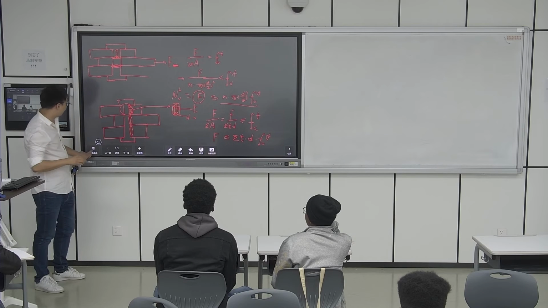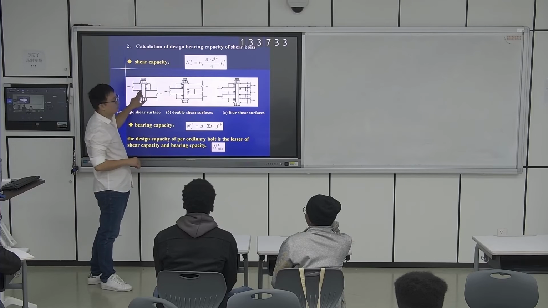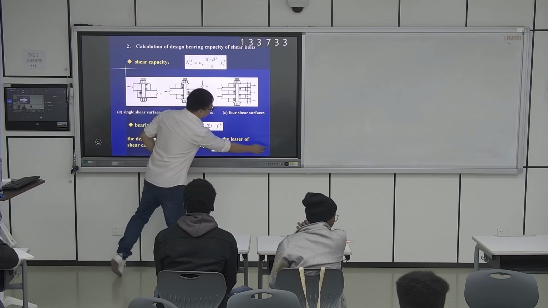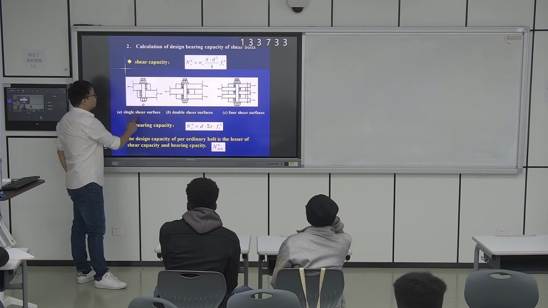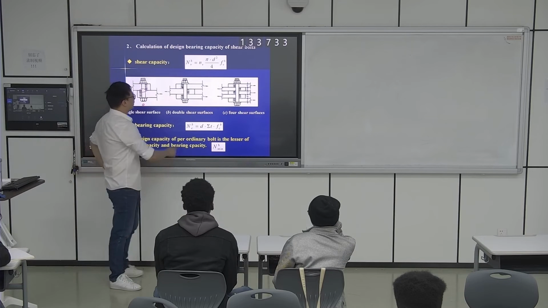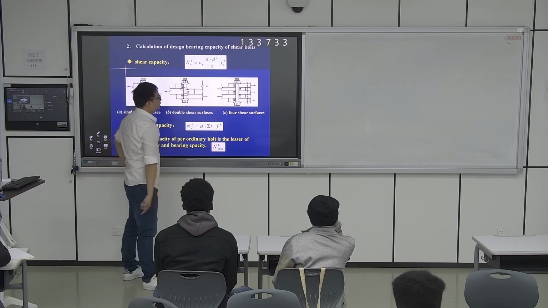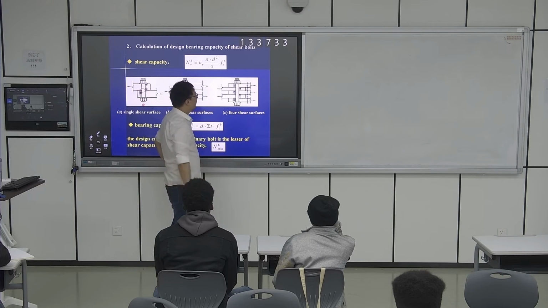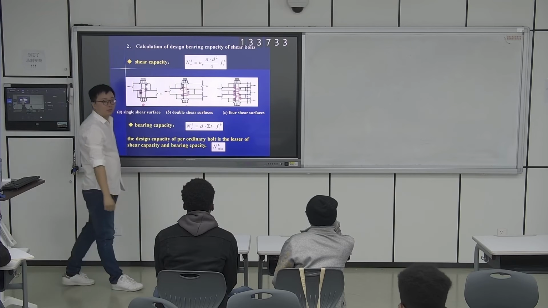So we come back. For this one, how many interfaces do we have? For this case, how many interfaces? One. For this case, four: 1, 2, 3, 4. Right?